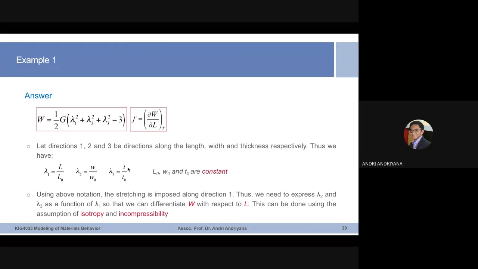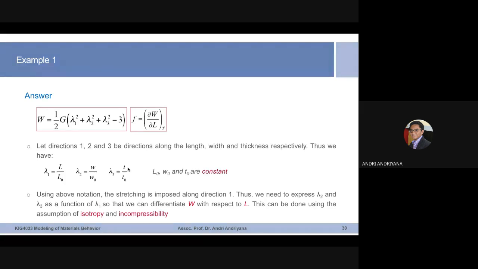You need to clearly understand which one is the variable, which one is the constant. Okay, L0, W0, and T0 are constants. These are the geometry of your sample. L is the deformed length. W is the deformed width, and T is the deformed thickness. Their values will change with the deformation that we impose on the material. Okay, I hope it is clear.